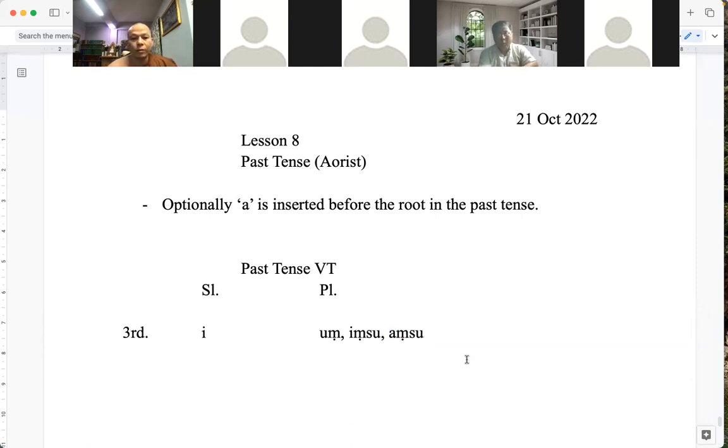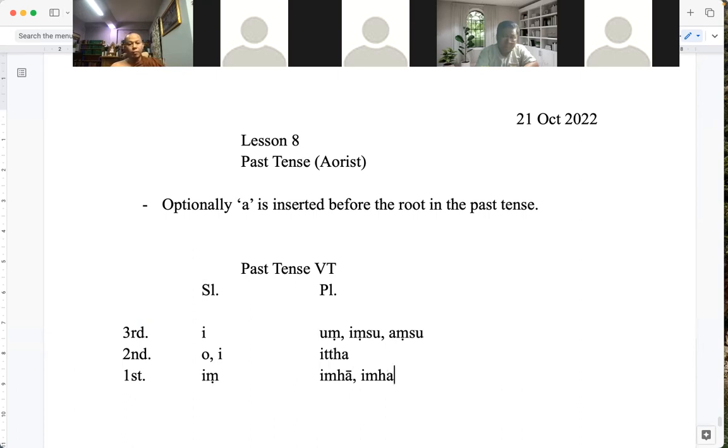For the second person singular, it is o or ā, and the second person plural is ttha. The first person singular is iṃ, and the plural isimhā, and also amhā, long and short, two forms.